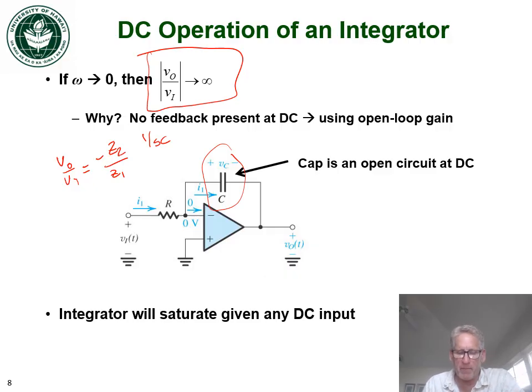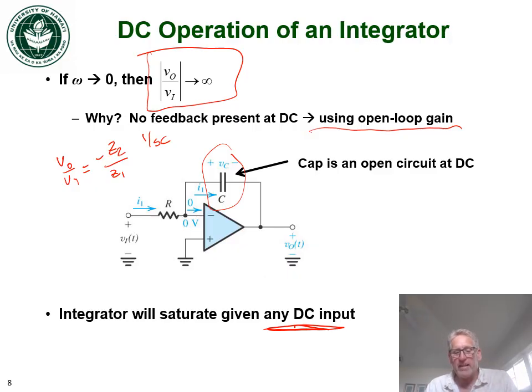Basically, as that impedance gets larger and larger, there's no feedback, and you're basically using the op amp in an open loop gain configuration. So what this tells us is that if we have any DC input coming into our circuit, our output will saturate.